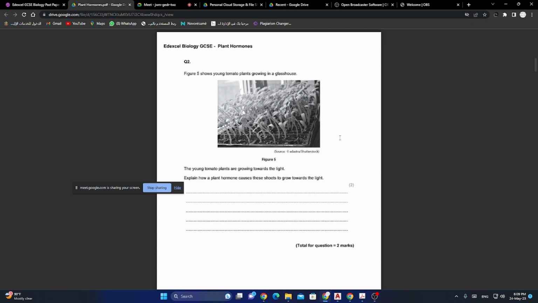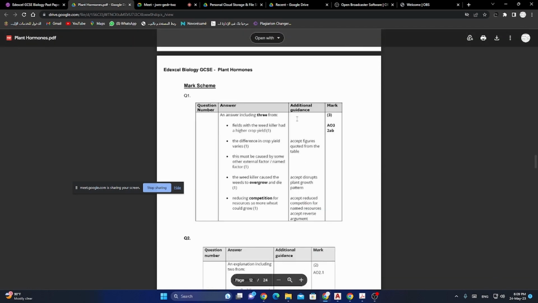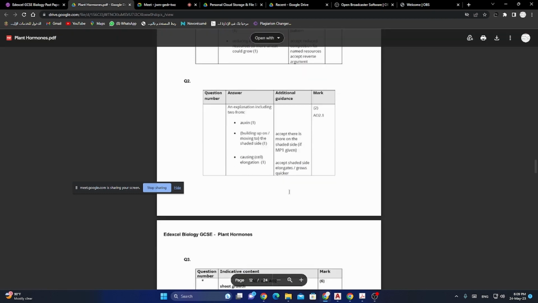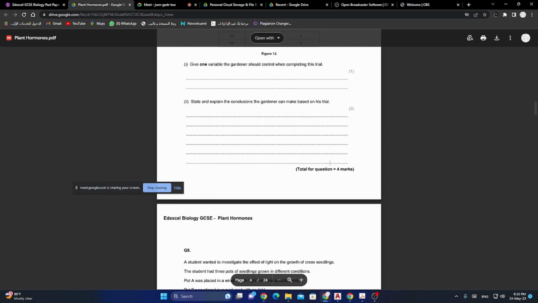They start getting longer, which basically bends the plant towards the light. Okay. Let's check it. Okay, so auxin moves to the shaded side, causing cell elongation. Okay.